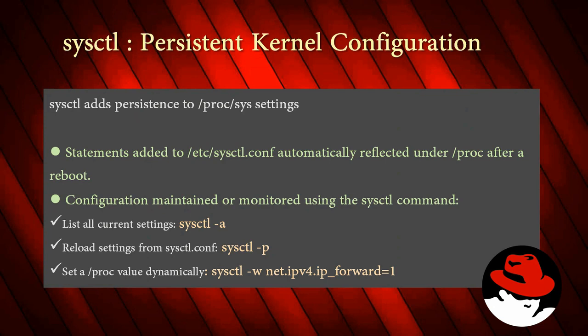For example, if you want to list all current settings, you may write a command like sysctl -a on the terminal. To reload settings from the sysctl.conf file, you can write sysctl -p. To set a proc value dynamically, you can write the command with net.ipv4.ip_forward parameter set to 1 and so on.